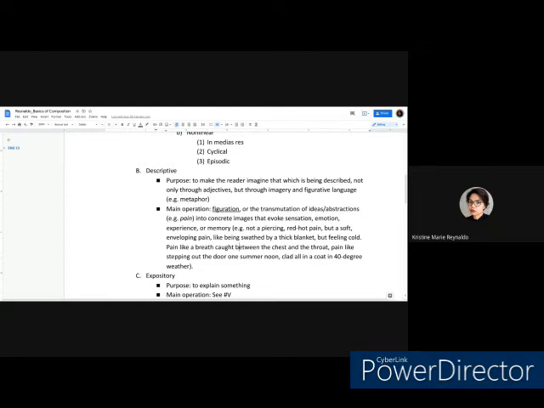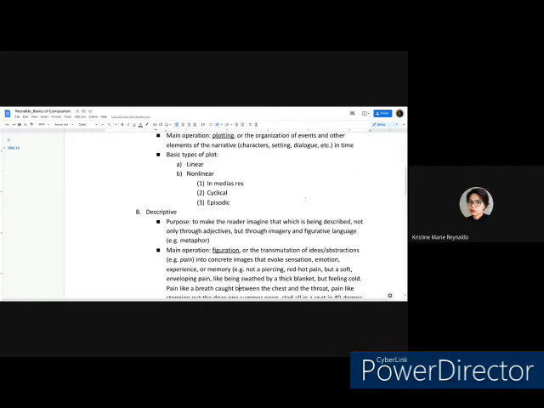So in terms of academic writing, narrative and description can be used to engage the reader's interest, like to make them visualize or imagine, feel what it is that you are describing. So they're particularly effective in drawing your reader into a particular problem.